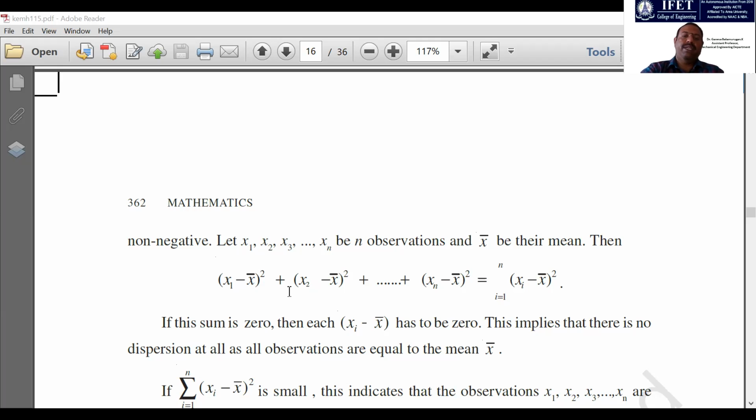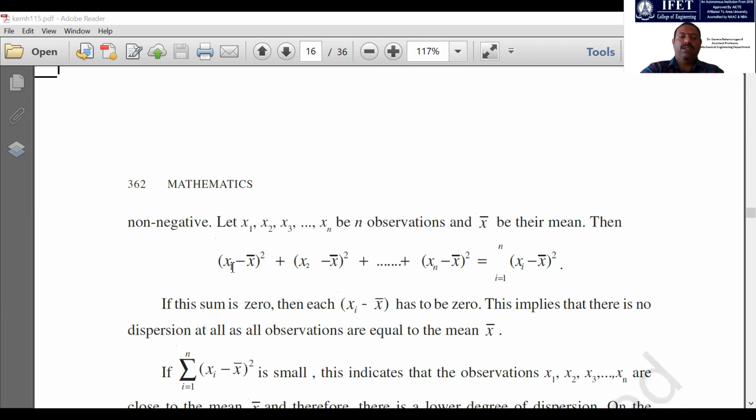Previously in the mean deviation, for example, if x1 is 3 and x bar is 10, then x1 minus x bar will be -7. But we have to consider the absolute value, so we take the modulus and convert that minus value into a positive value.